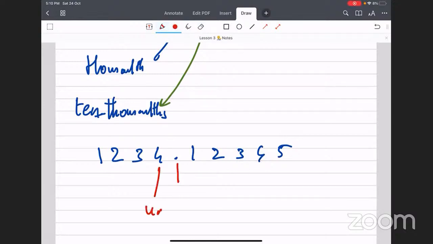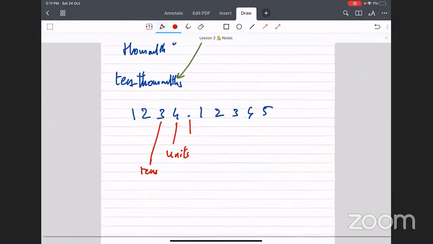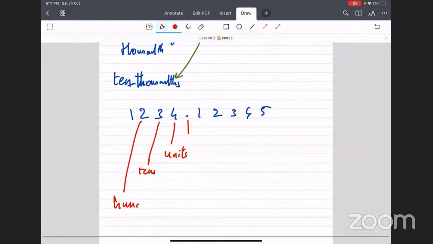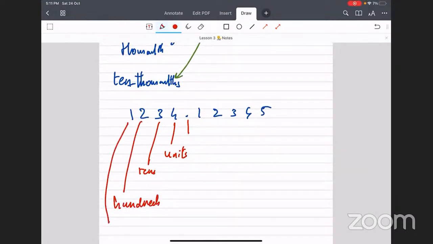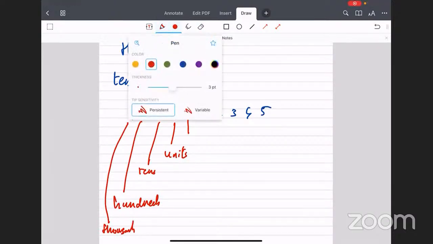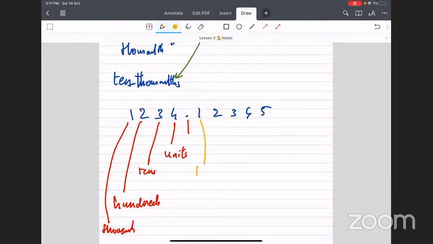That would be to the units, tens, hundreds, thousands, and this side would be the tenth, then hundredths, and thousandths. Is it clear now?